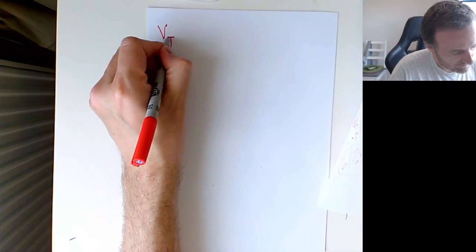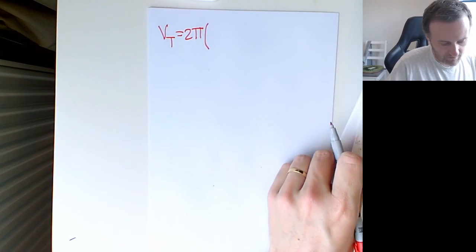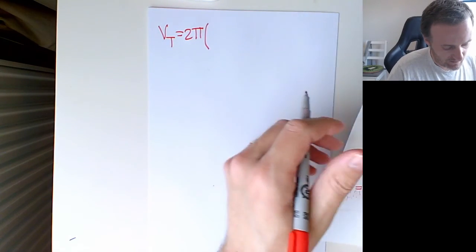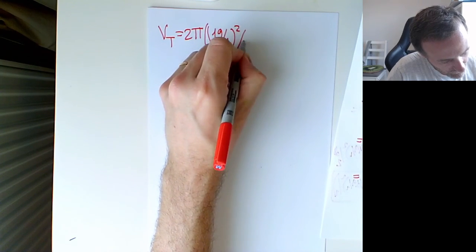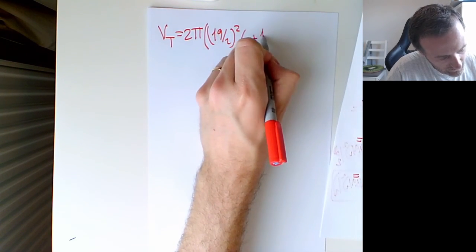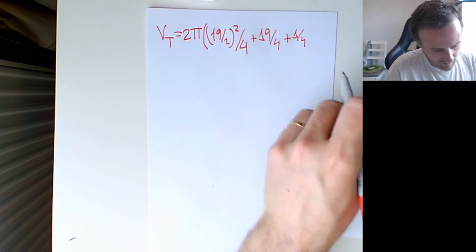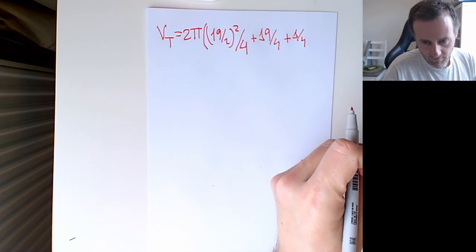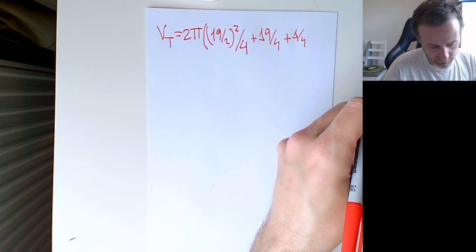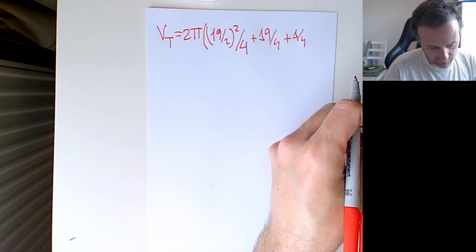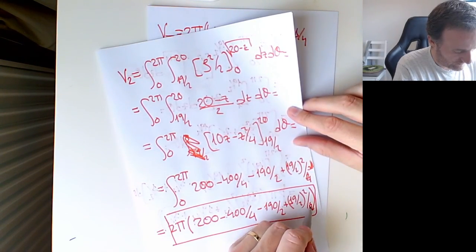So the total volume is the sum of all these. We factorize by 2 pi, and what we get is this plus 19 fourths plus a fourth, and by the way, this is a 4.